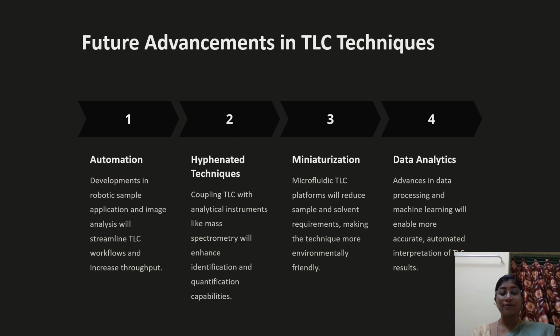Microfluidic TLC platforms will reduce sample and solvent requirements, making the technique more environmentally friendly. Advances in data processing and machine learning will enable more accurate automated interpretation of TLC results.